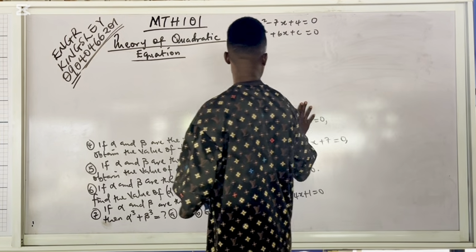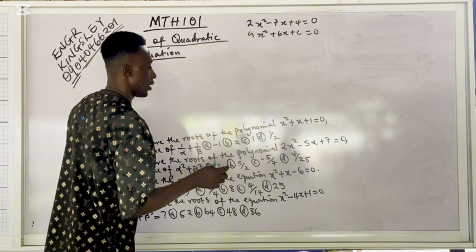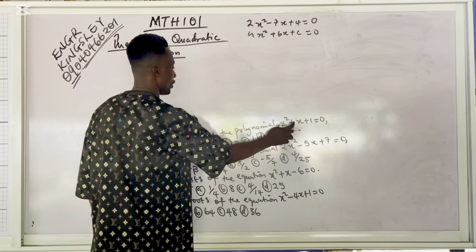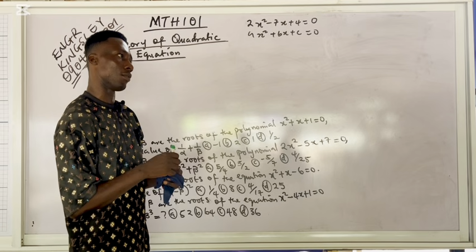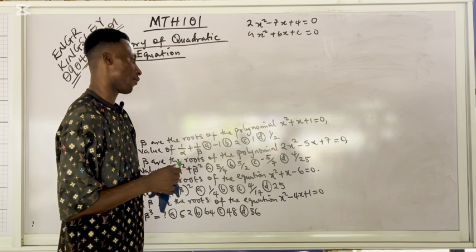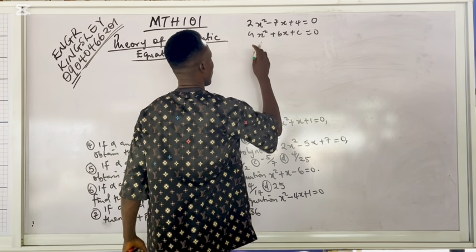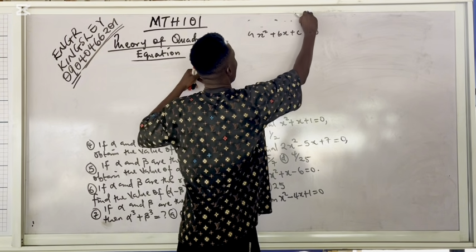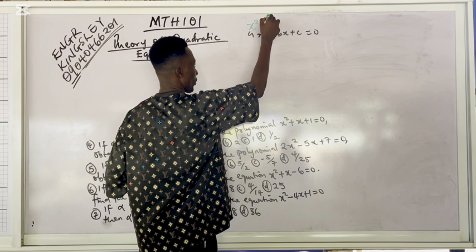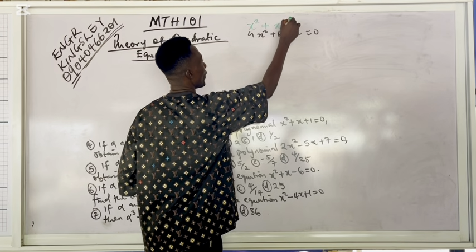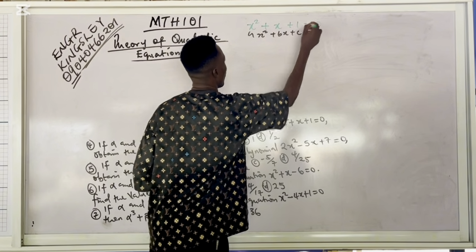Okay, let me use a common way to teach you this. For those of you that are writing WAEC and those of you that are writing NECO and watching this video from afar, we have x squared plus x plus 1 equal to 0.